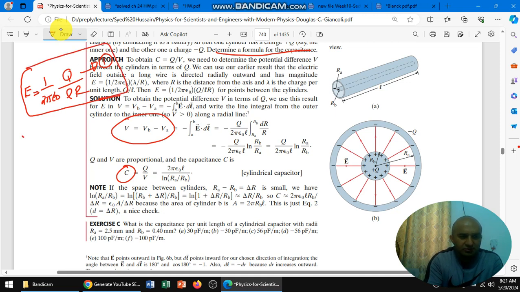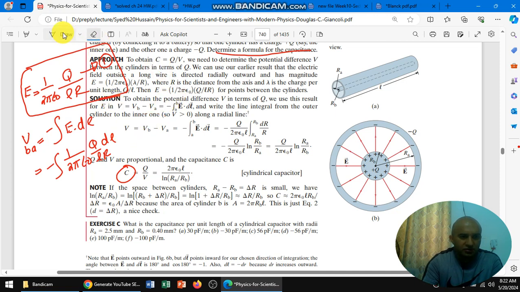VBA, the potential difference between the B and A plates, is equal to minus the integral of E dot dl. We put the intensity formula in this equation: 1 over 2 pi epsilon naught, Q over L r, into dl. The distance between the plates is the radius, so dl can be written as dr.